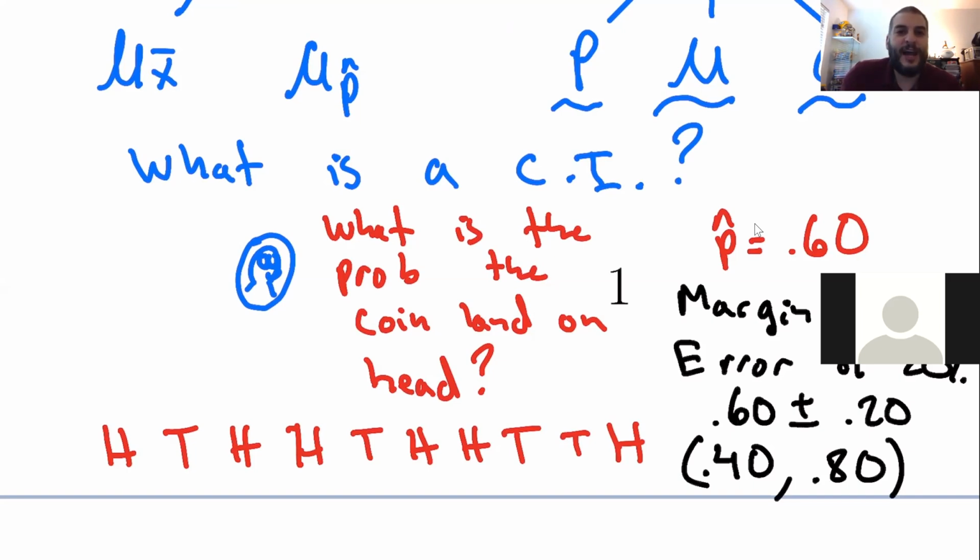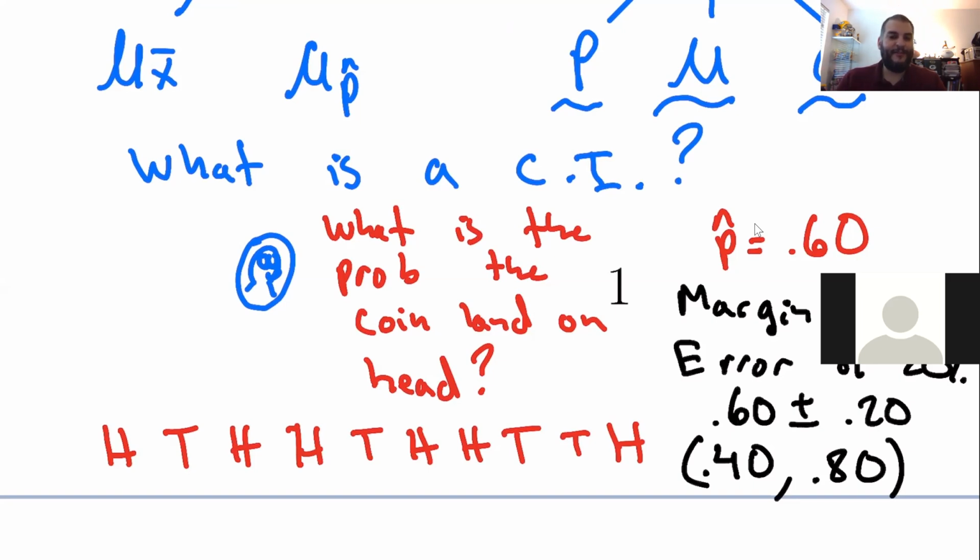So this is what we're talking about when we talk about a confidence interval. A confidence interval is an interval that shows how confident we are. Depending on our confidence, it depends on the range. The bigger the range is, the more confident you should be. The smaller the range is, the less confident you should be.